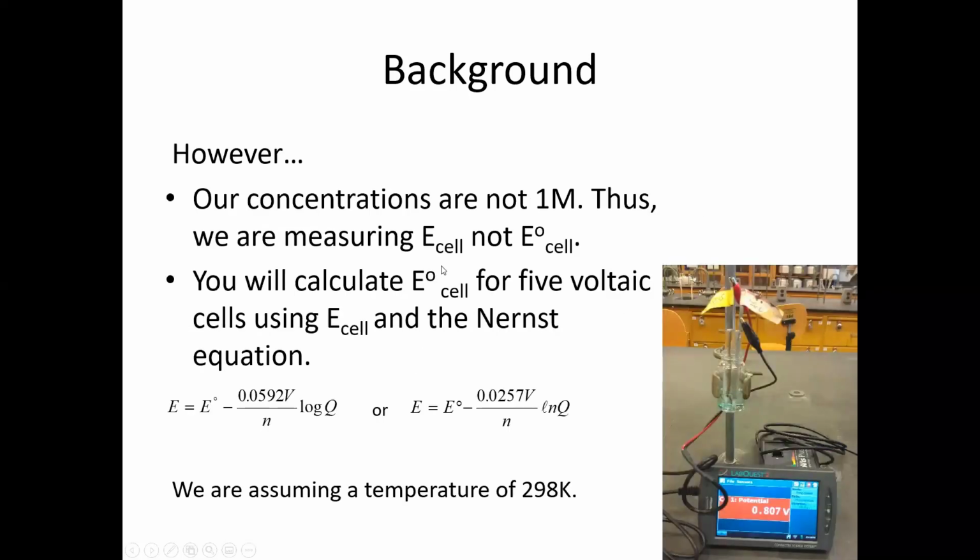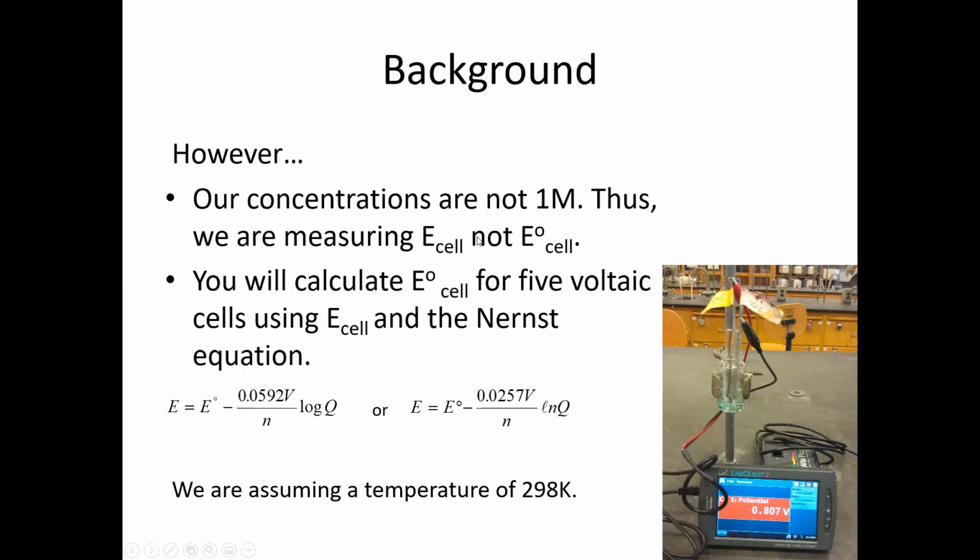In our case, our concentrations are not always 1 molar. Thus, we are measuring the E cell potential, not the potential at standard conditions. Standard conditions mean 1 atmosphere pressure, 298 Kelvin, and 1 molar concentrations.